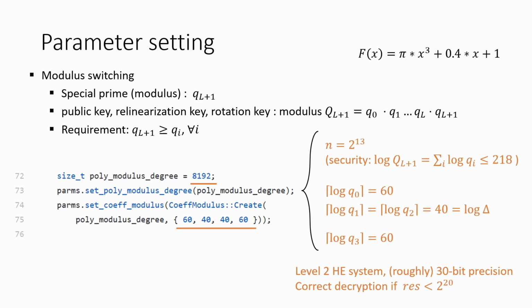And since we are evaluating a circuit of depth 2, we basically need 4 primes: the base prime Q0, 2 intermediate primes Q1 and Q2 for rescaling, and the special prime Q3 for the modular switching technique.